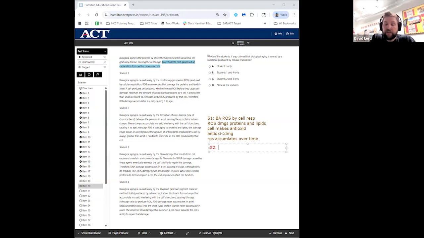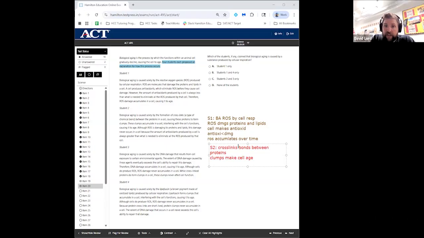Scientist 2. Biological aging is caused solely by the formation of cross-links, so not ROS. It does have the word protein there, so bonds between proteins. And they form clumps. The clumps interfere with cell functions. Clumps make cells age.